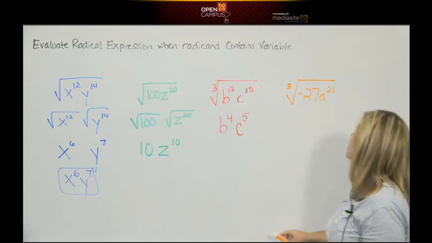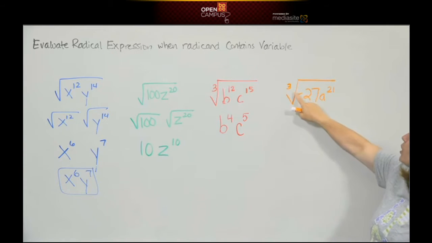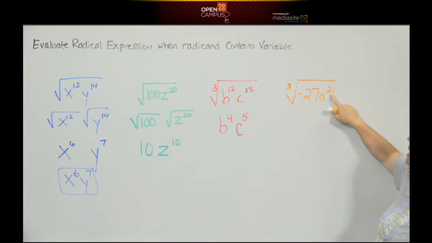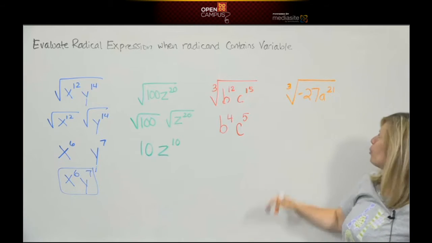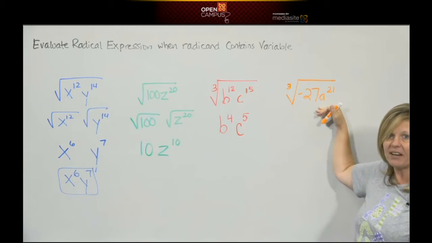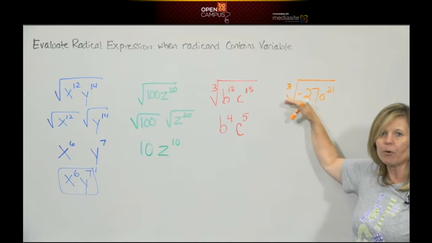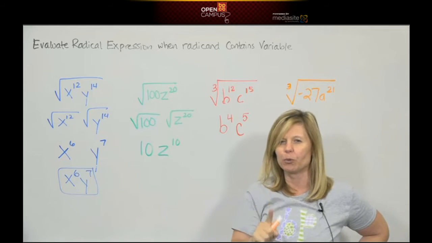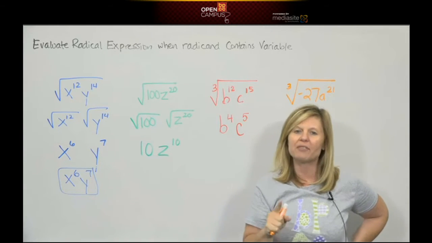All right, one more expression. I'm going to do the cube root of negative 27a to the 21st. So now we're cube rooting a number and then a variable. To cube root a number, we've got to go off the cube root number list, which you have to have memorized.